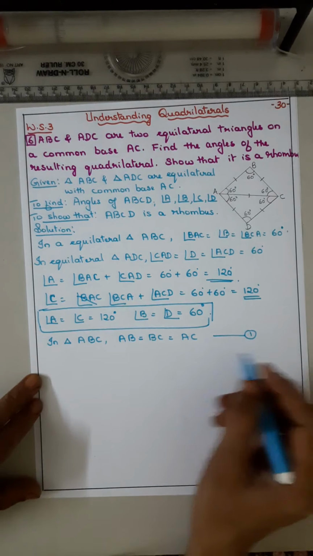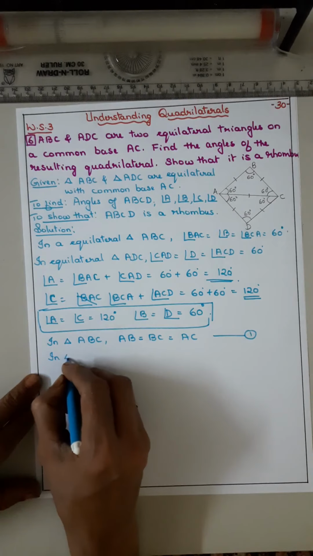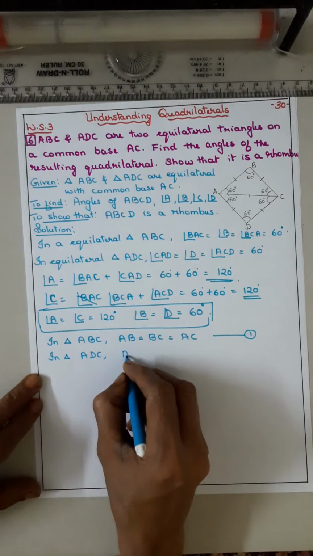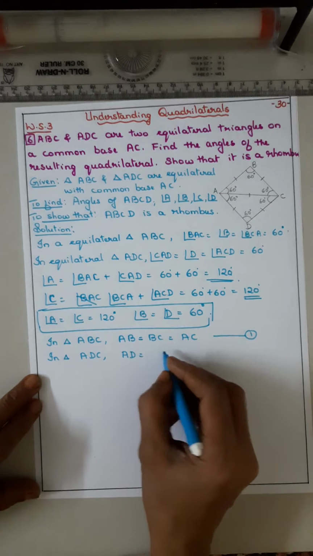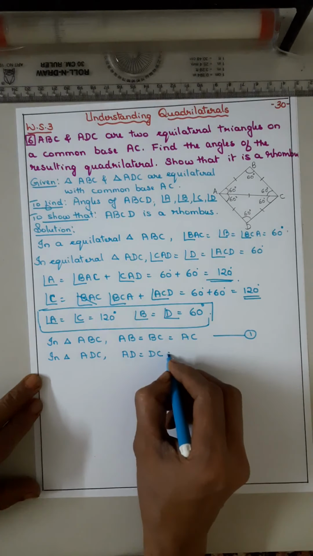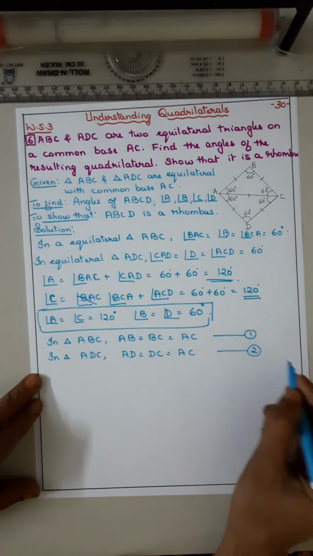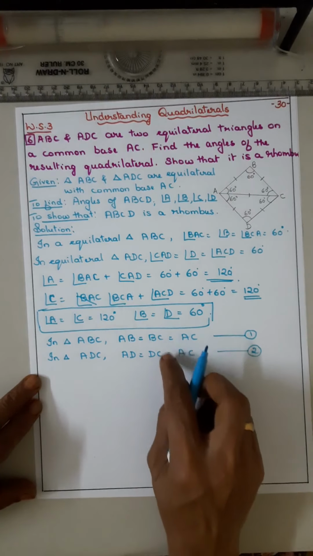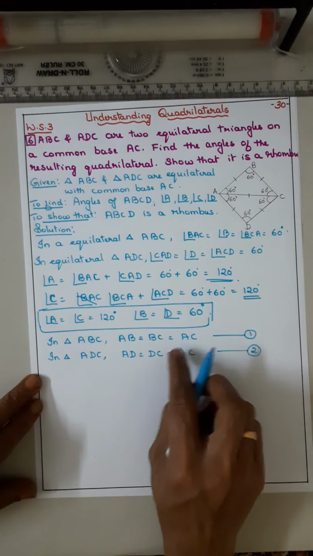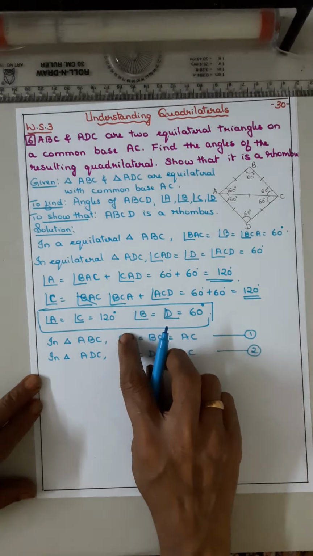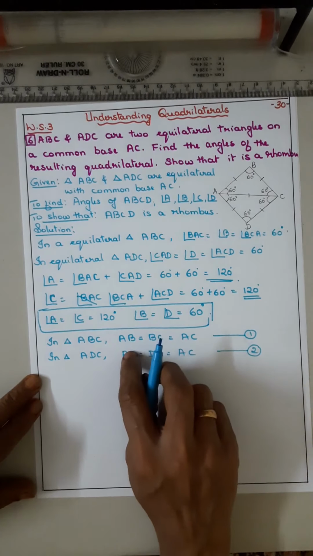That is the first equation. In triangle ADC, AD is equal to DC is equal to AC. That is the second.